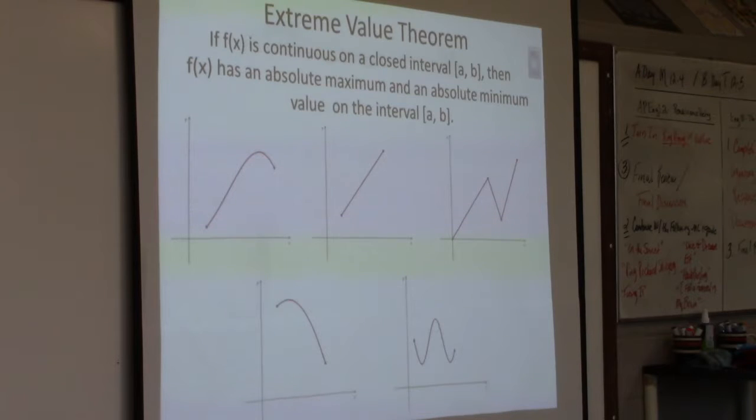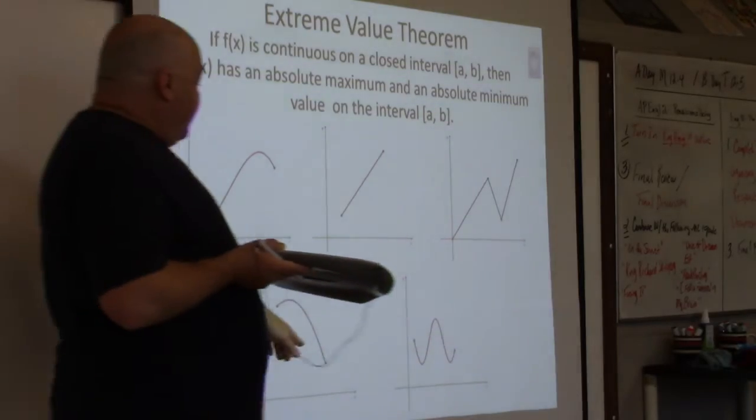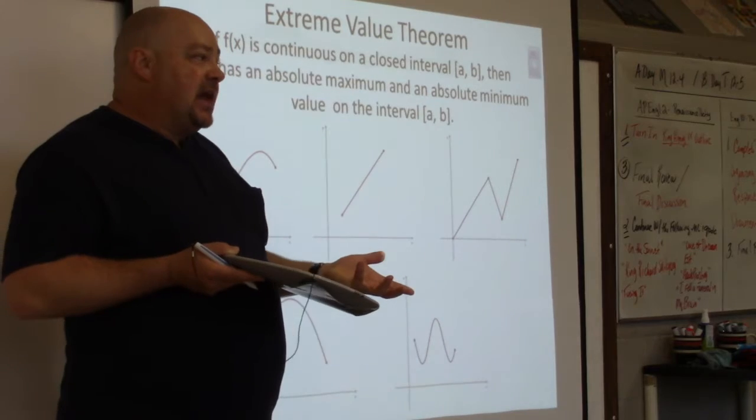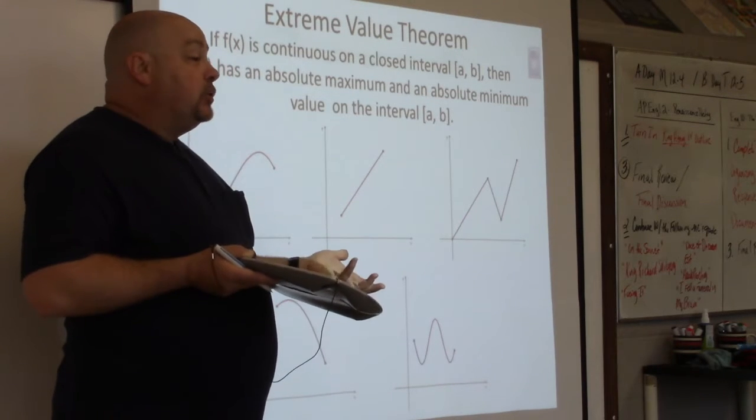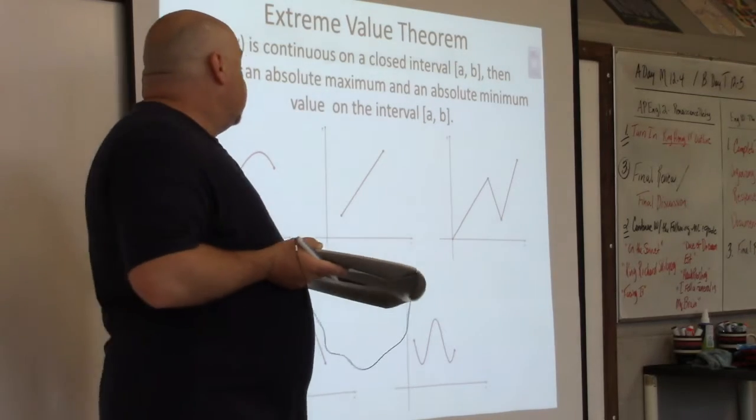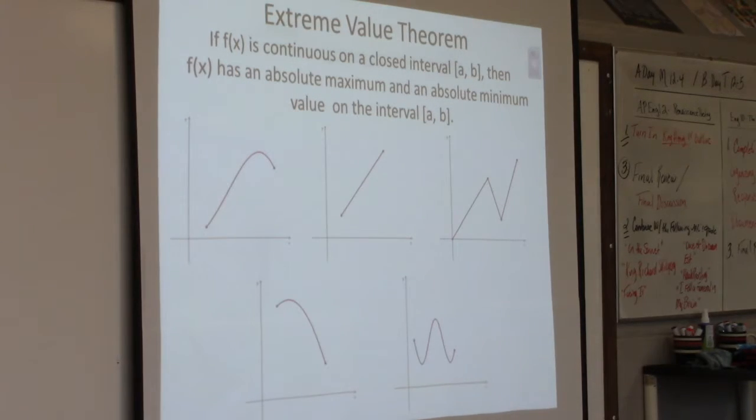Y value, right? Because we're talking about the lowest. So the fact that we have a low value here and here, does that change the fact that that's an absolute minimum? No, it's still the lowest y value, it just occurs twice instead of once.